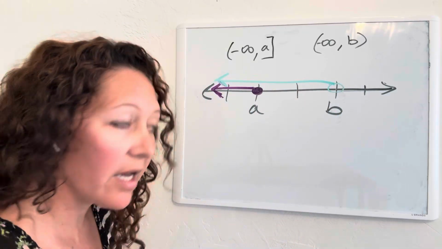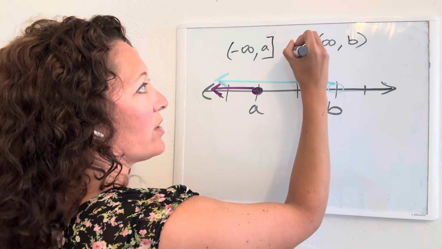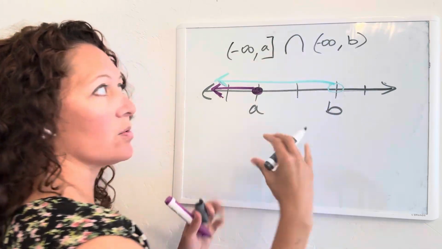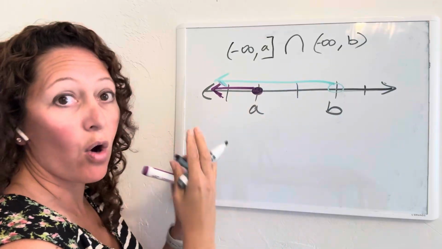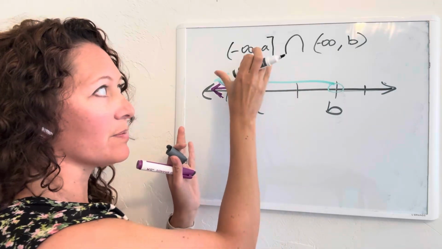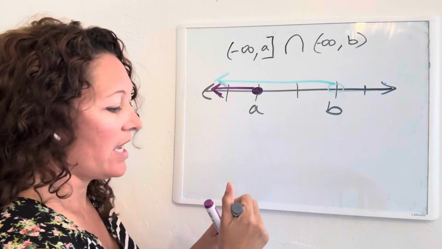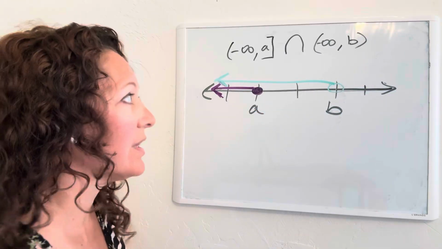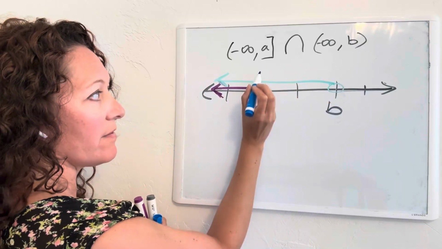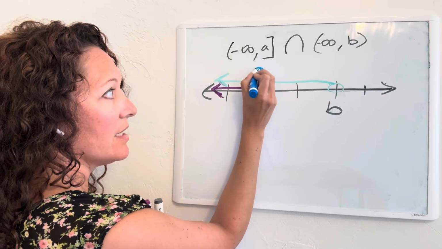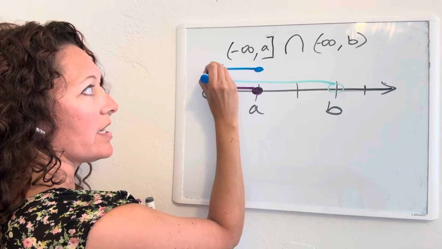But in the case of intersection, so I don't have union, this time I have intersection, which is kind of like an upside down U. I'm only including where they overlap, where it's present in both intervals. And so the only thing that actually overlaps here is the point where this B line heading to negative infinity meets up at the A and then heads to negative infinity.